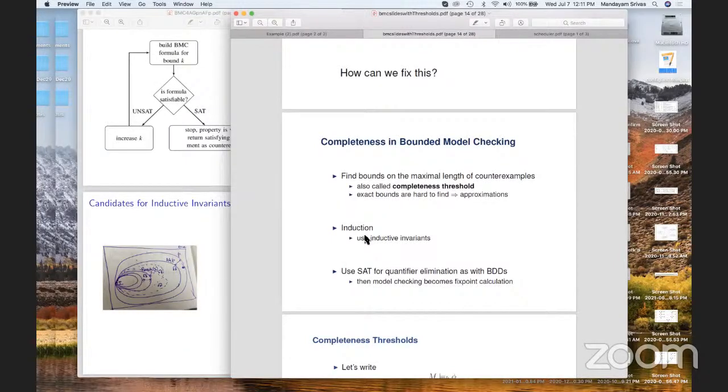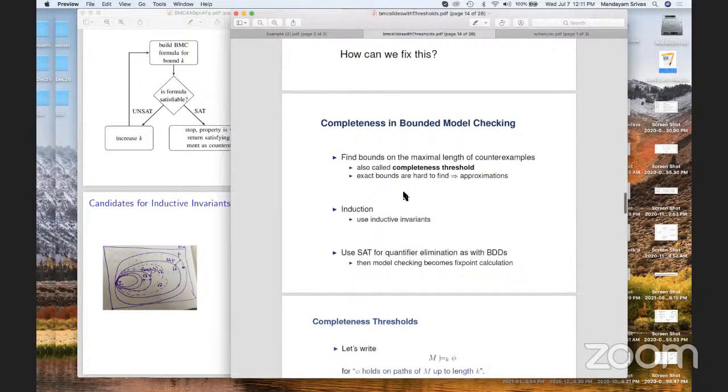Before I continue describing the induction methods, which I started last time, I want to spend a little time defining some completeness threshold for safety and simple liveness properties. That is one way to complete.